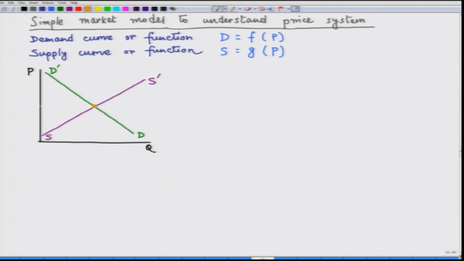So, basically at the intersection of these two curves, the equilibrium price or market clearing price and quantity are obtained. Let us denote that equilibrium quantity or market clearing quantity as Q star and the price as P star.